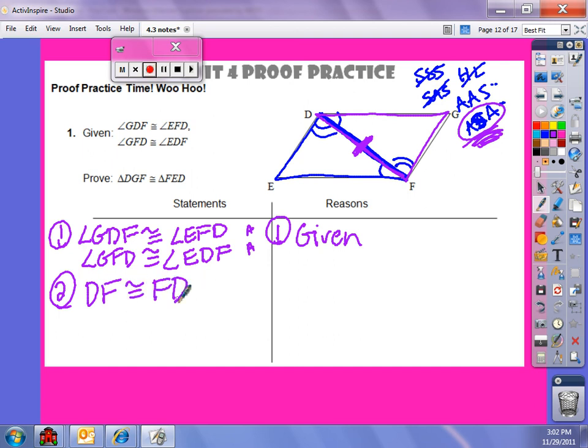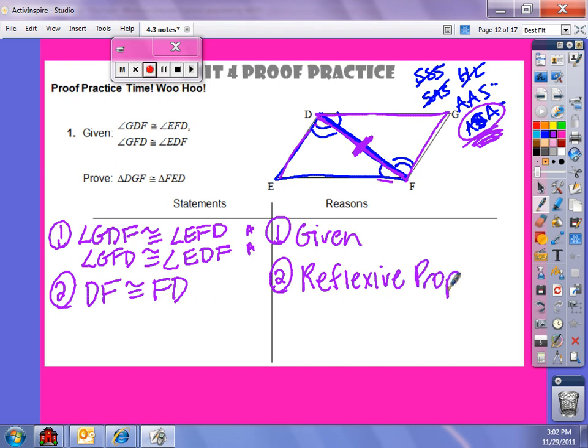The only reason I switched the order is because one time the triangle is going this way, and then the other time it's going this way. It's not a huge deal, but we want to be picky. The theorem that we know for this is if something is congruent to itself, we call that the reflexive property.